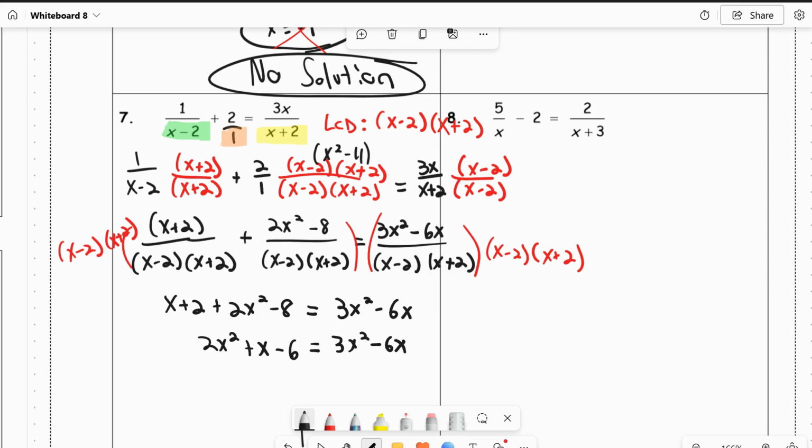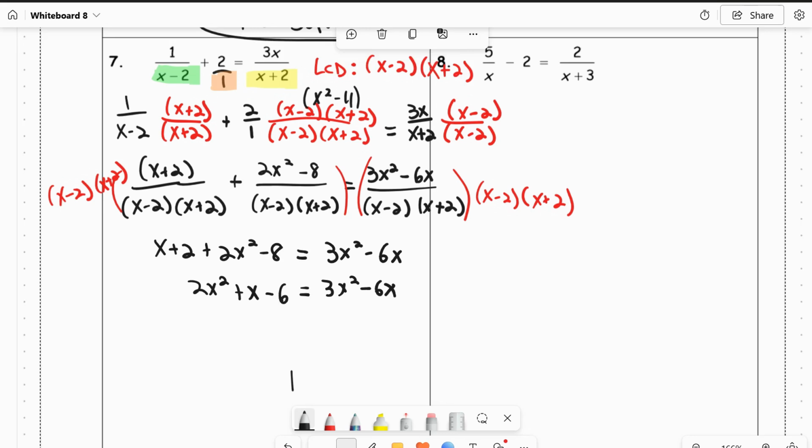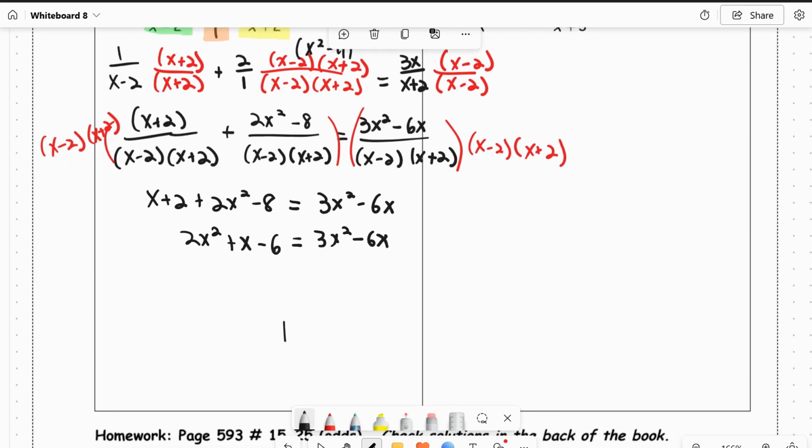Now, since I have a quadratic, I would want to set this equal to 0. So on this one, I am going to move everything to my right side this time. So that would give me 0 equals 3x squared minus 2x squared, which is x squared, minus 7x plus 6.